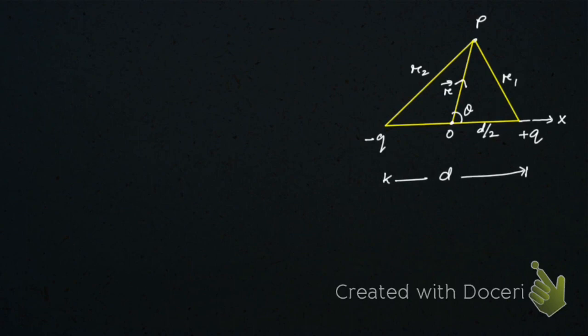So now, what will be the potential at P? Potential at P due to this positive charge q is given by 1 by 4 pi epsilon naught, q by r1. This is the potential due to the positive charge q, right?